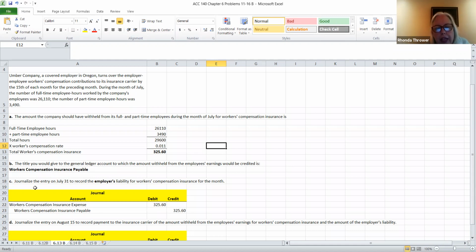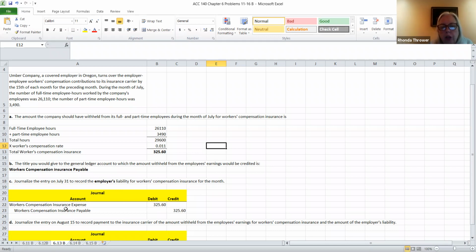In Part C, they actually want you to journalize the entry on July 31st to record the employer's liability. Only the employer's liability is what they're asking you for in C, for the workers' compensation insurance for the month. So what we have to do on July 31st is create an adjusting entry to accrue the workers' compensation insurance.